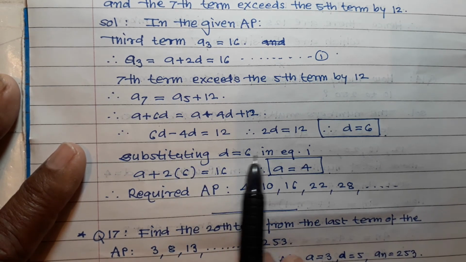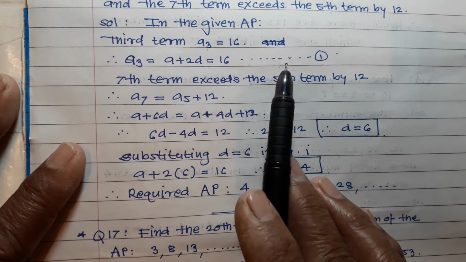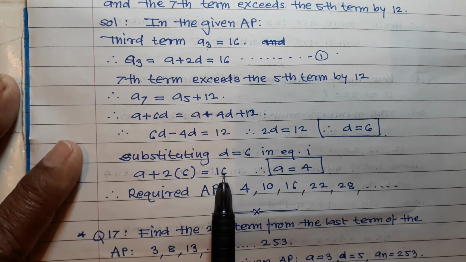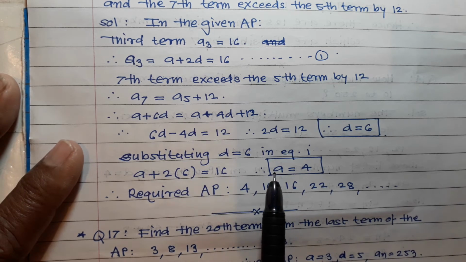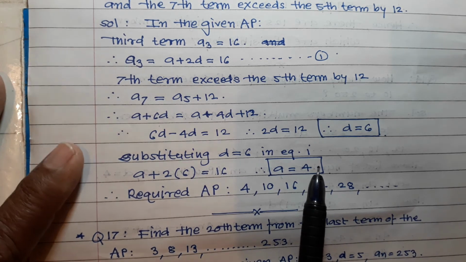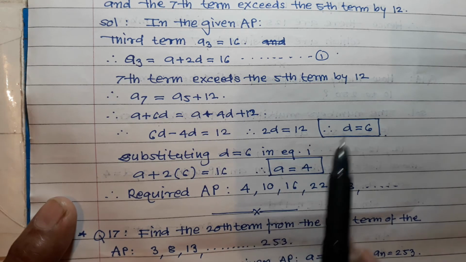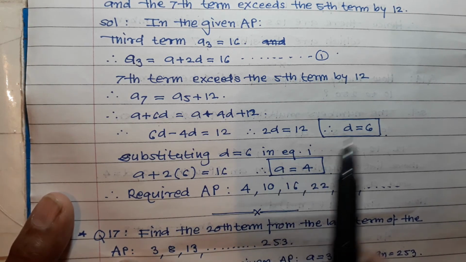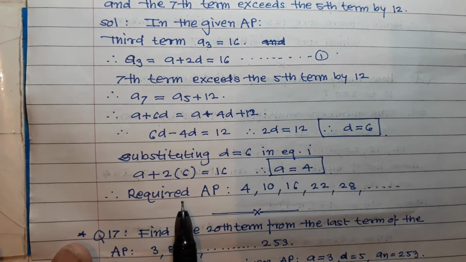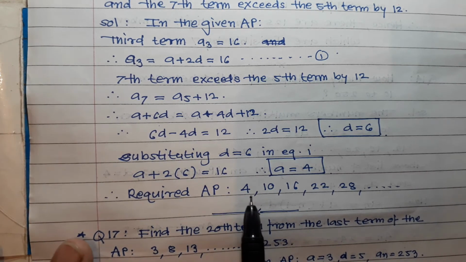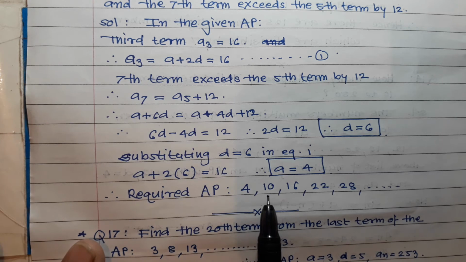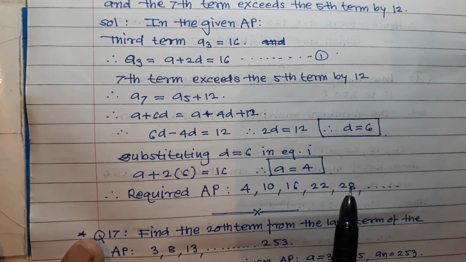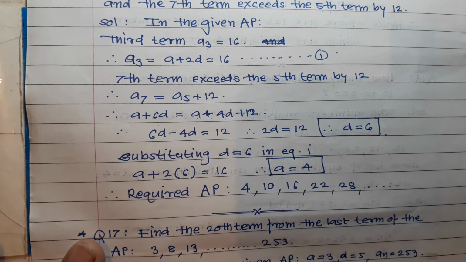Substituting d = 6 in equation number 1, a + 2 × 6 = 16, and therefore a = 4, and now you can write the required AP by means of a and d, and hence the required AP is 4, 10, 16, 22, 28 and so on.